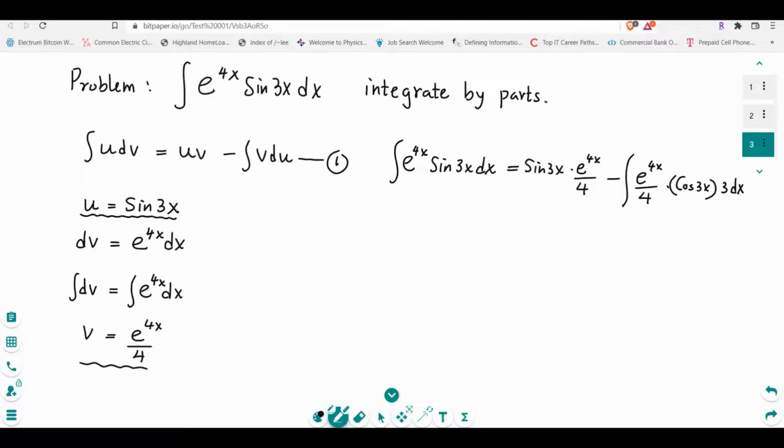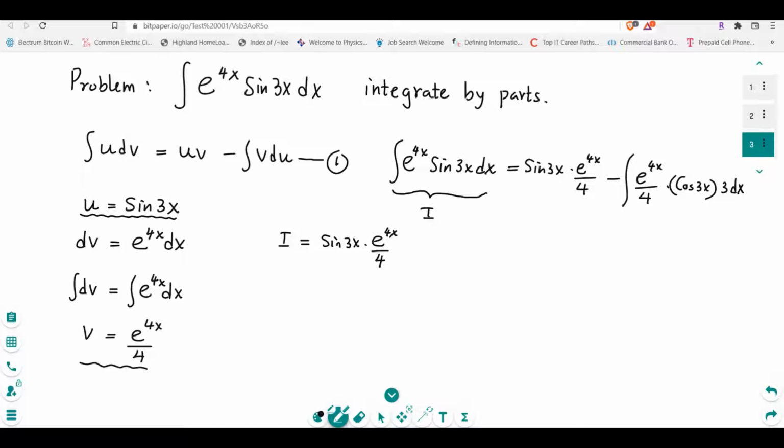Okay, so now let me define this as I for simplicity. So I can write over here I equals sine 3x times e to the power 4x over 4.